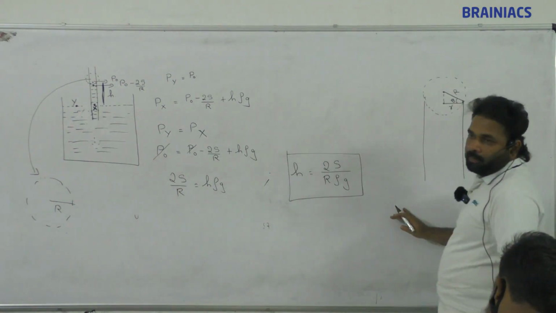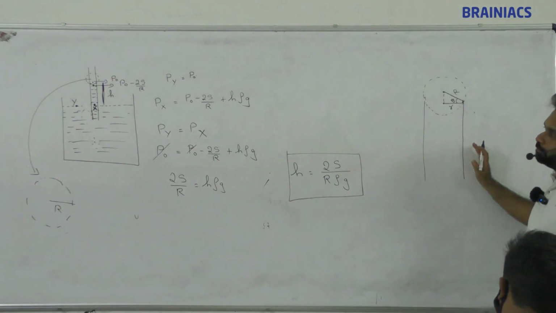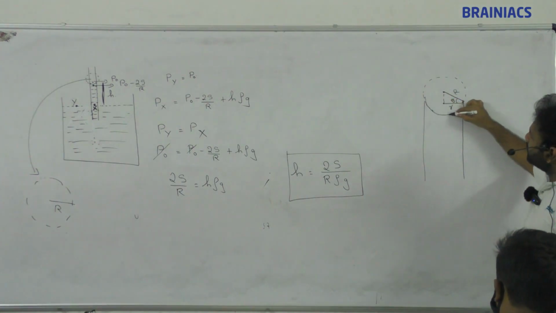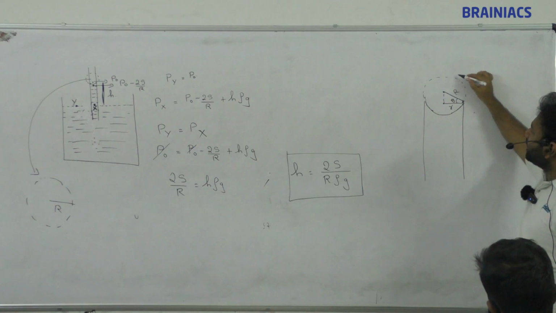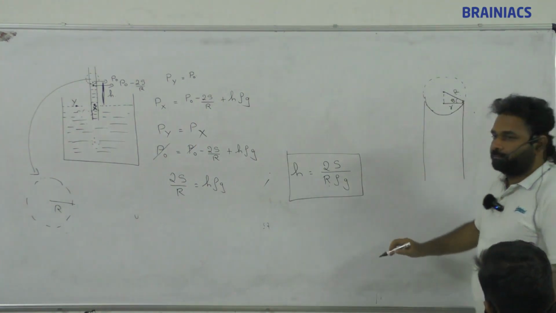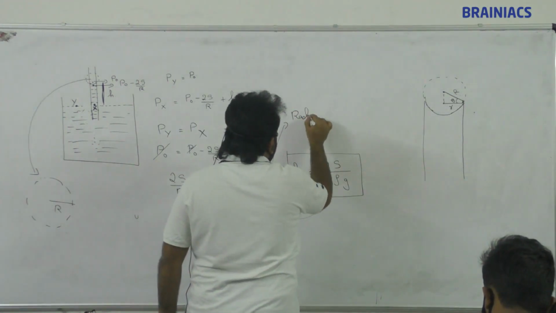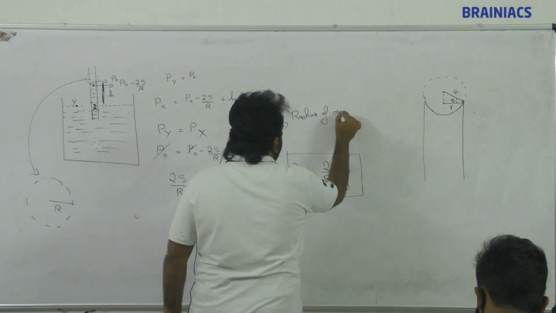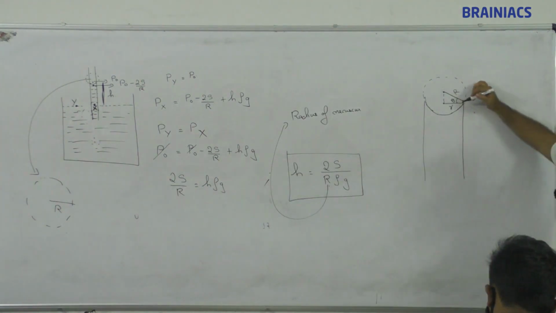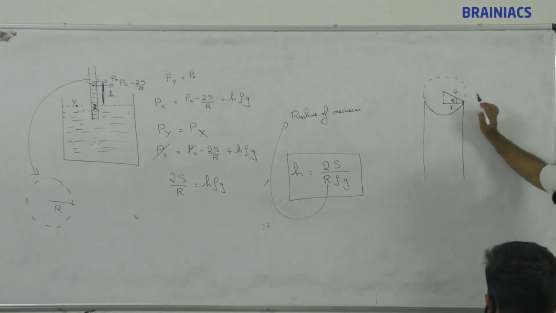Okay, see children, look at this. Now this is the capillary tube. Suppose this is the meniscus we are getting here, and if I extend this, I will be getting the radius of the meniscus, capital R. This small r is the radius of the capillary tube.